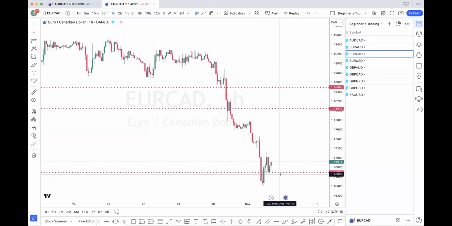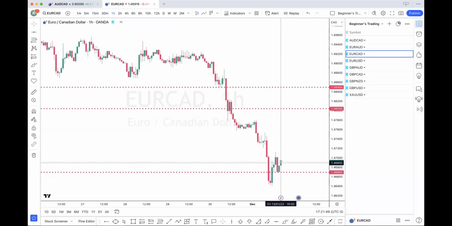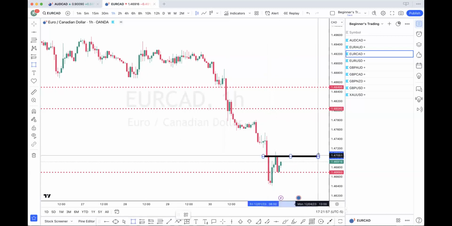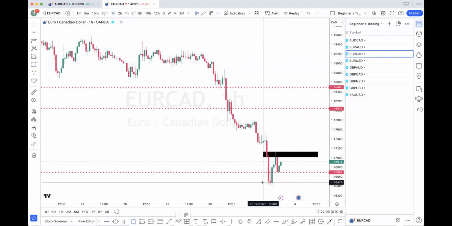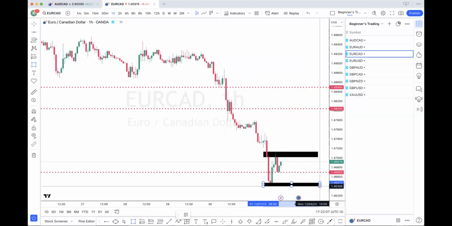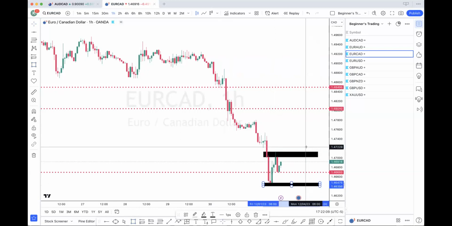Now, you can either wait for price to break above this zone, and I'm going to give y'all a tip. This is how I mark my charts up without the lines, right?